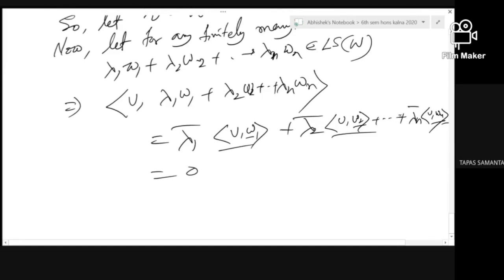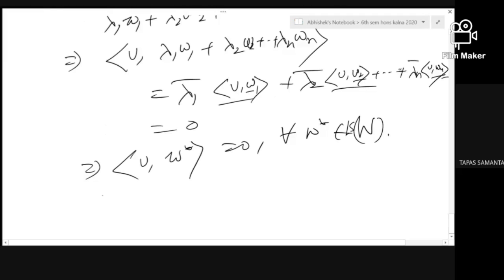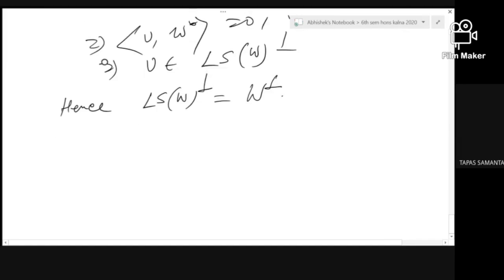So this is 0, and this implies <V, w star> equals 0 for all w star belonging to LSW. So that means V belongs to LSW perp. Hence the linear span of W has the same orthogonal complement as W.